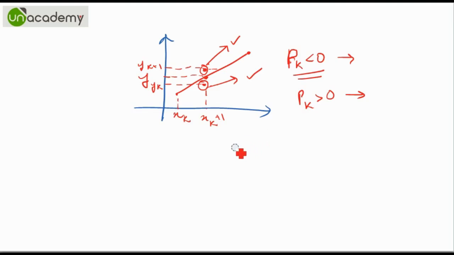So since pk is d lower minus d upper times delta x, pk determines basically which point, whether yk plus 1 or yk, is closer to the actual line, and it chooses that.